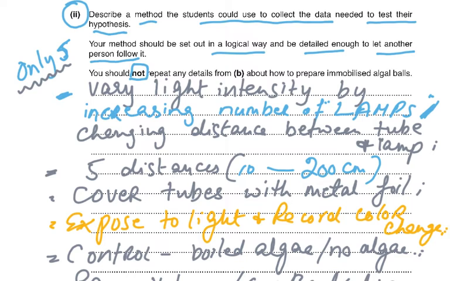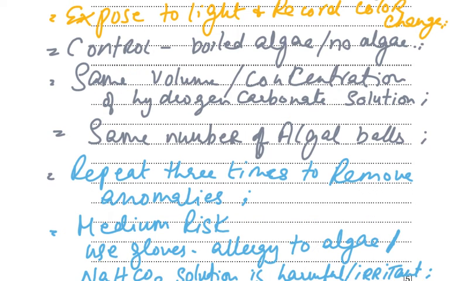Then cover the tubes with metal foil, then expose to light and record the color change. The point of expose to light and record the color change is that if you do not cover them up and then suddenly expose them to light, that is the point that you start timing and look at the color change, how much time it took for it to become purple or go to the other side if it went.